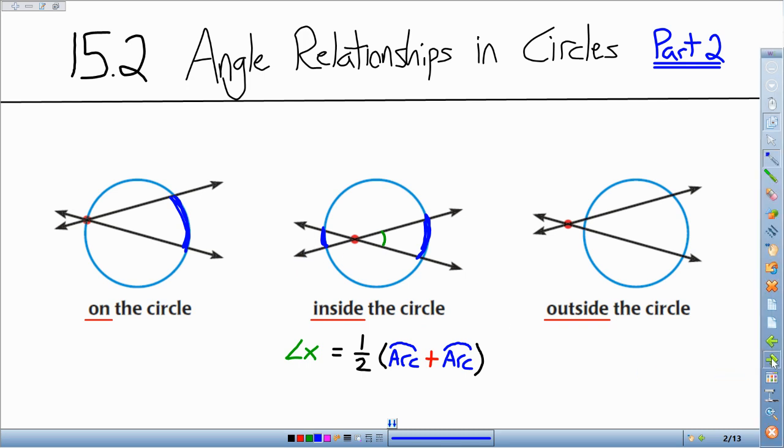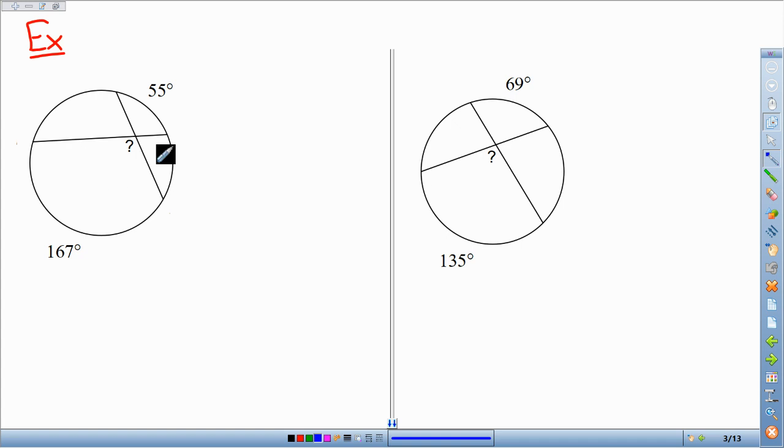Let's go ahead and try these out. Take a minute, go ahead and get these two circles, and we'll try these together. You will see on these problems today, these angles are represented with a question mark. Instead of a question mark, we're just going to think of it as X. Let's start with our formula.